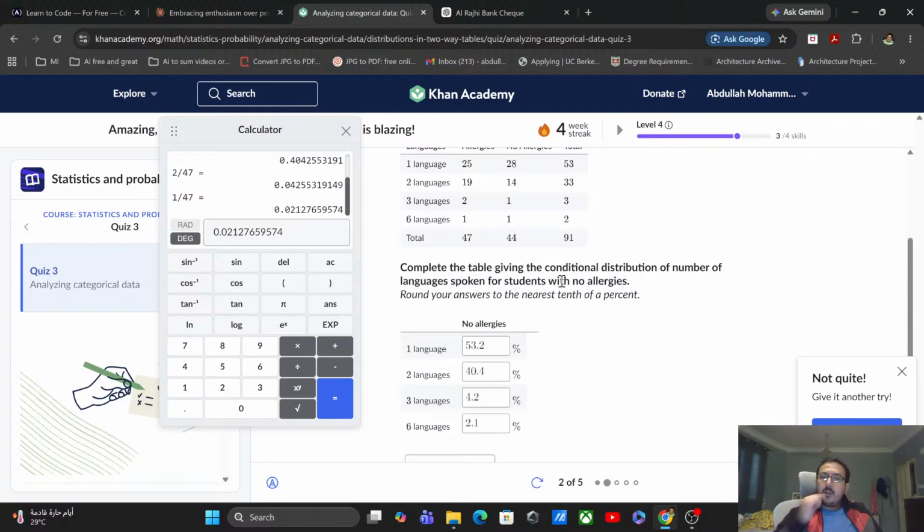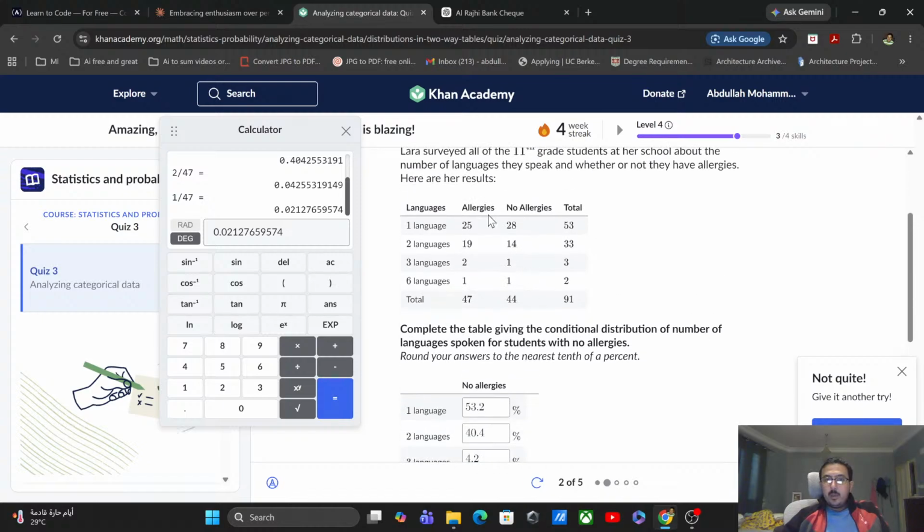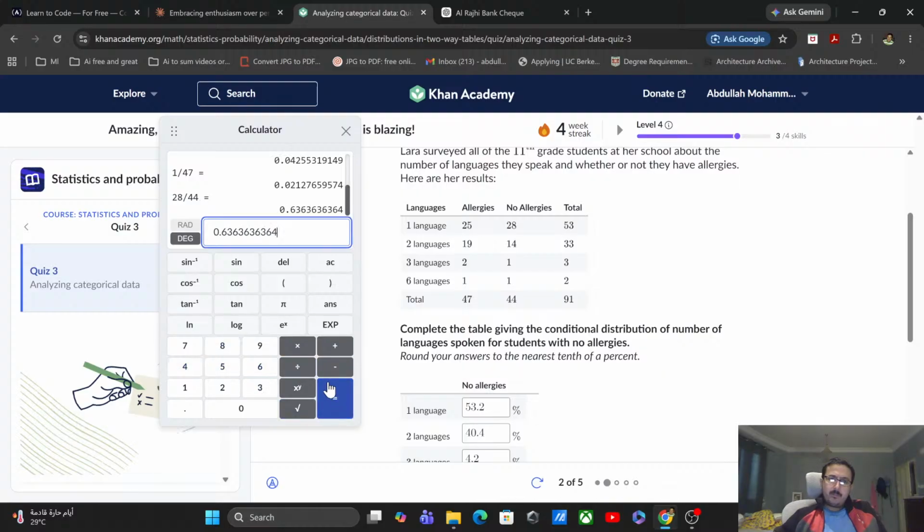Complete the table giving the conditional distribution of number of languages spoken for students with allergies. Oh my god. 28 over 44, 63.6.